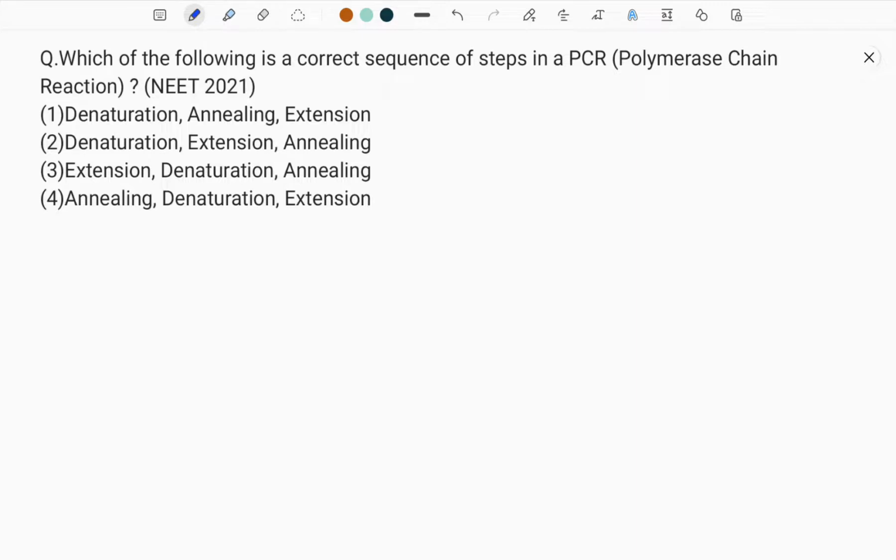Again we are encountering here the question about PCR technique. In my earlier video also I have discussed about the PCR technique.